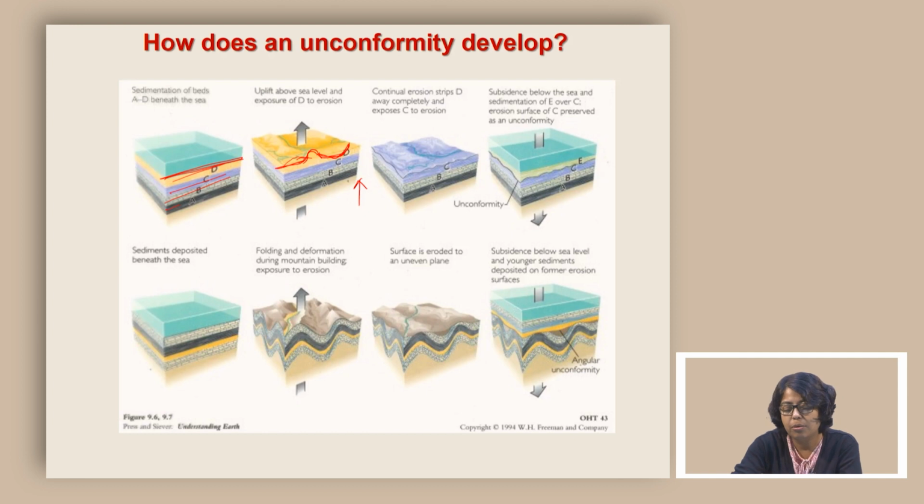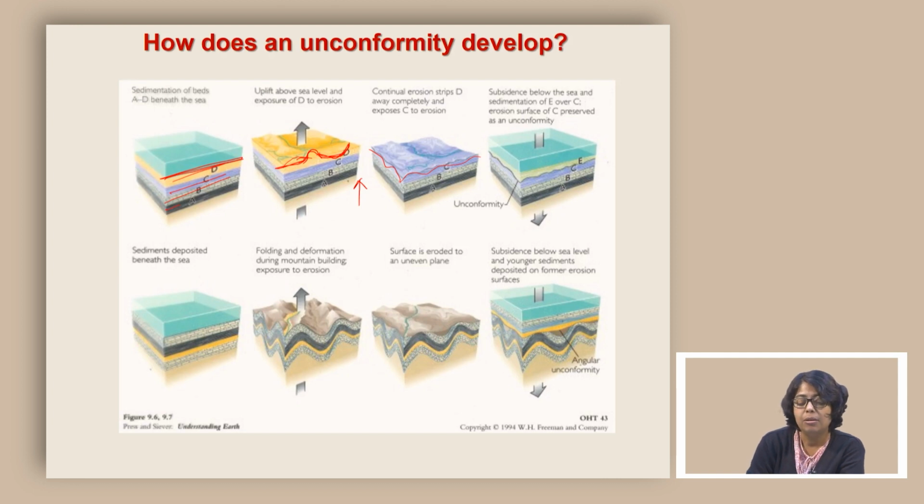So, basically because of this erosion, you completely lost D because D got eroded and probably part of C also, and the layer that you are ending up with is layer C where the record of D is gone, but C has a very uneven contour, or uneven surface line. It is not the original horizontal strata that we started with.